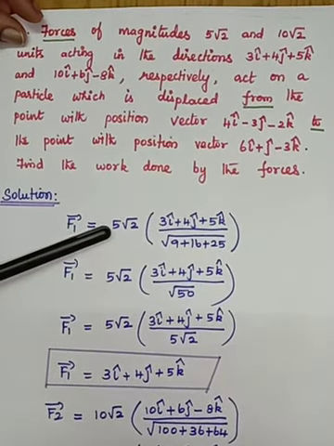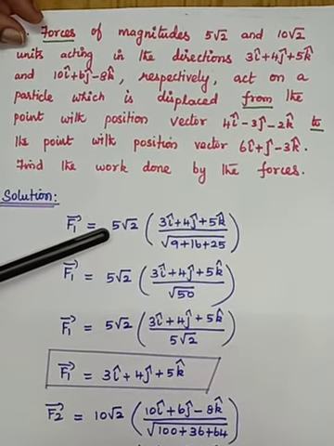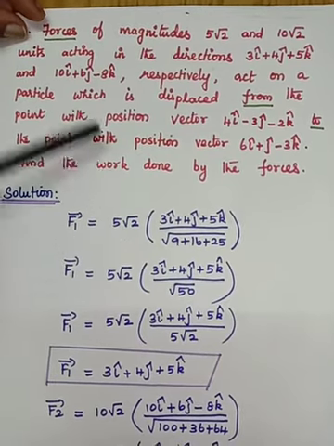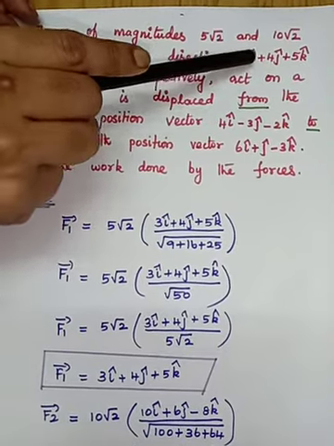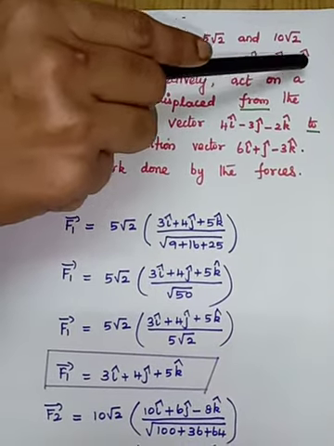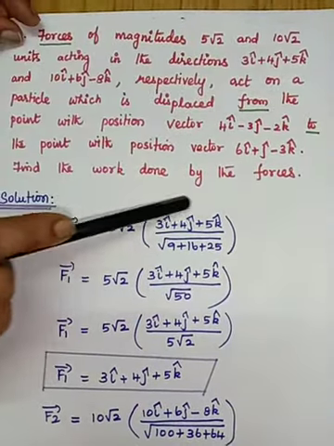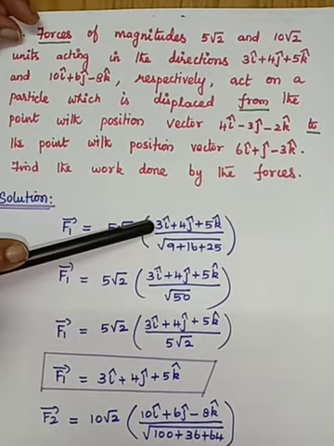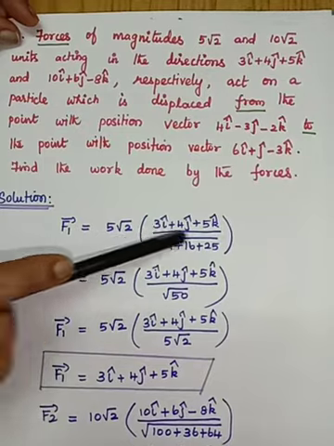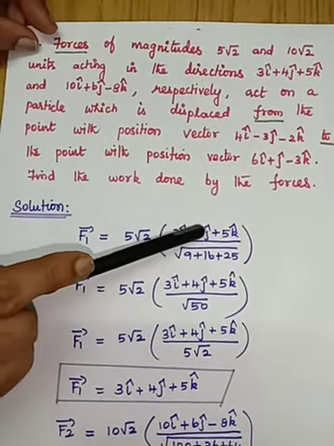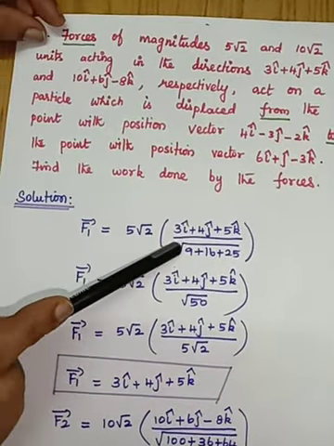The first force magnitude is 5 root 2, and the first force is acting in the direction of 3i cap plus 4j cap plus 5k cap. Here you have to write the unit vector, so it will be 3i cap plus 4j cap plus 5k cap divided by the modulus of this vector. How to find the modulus?